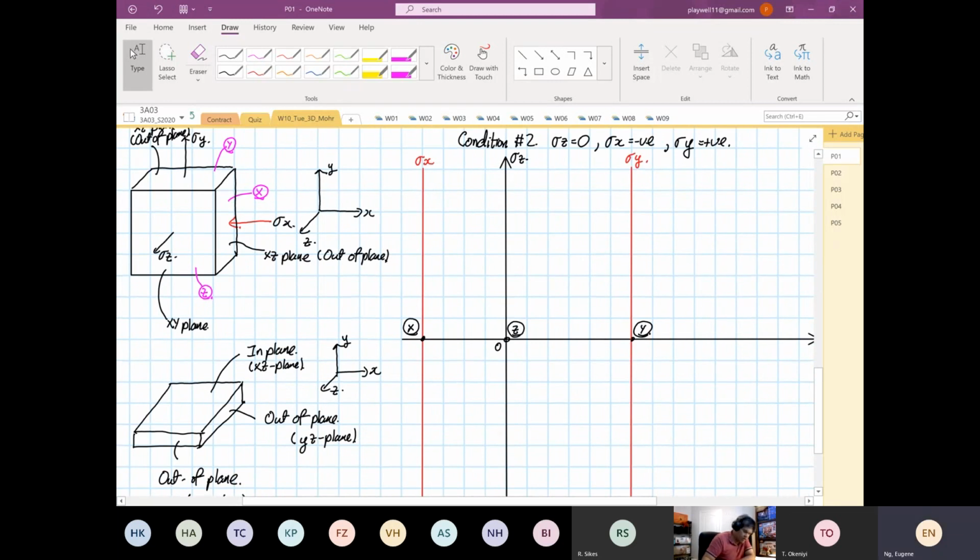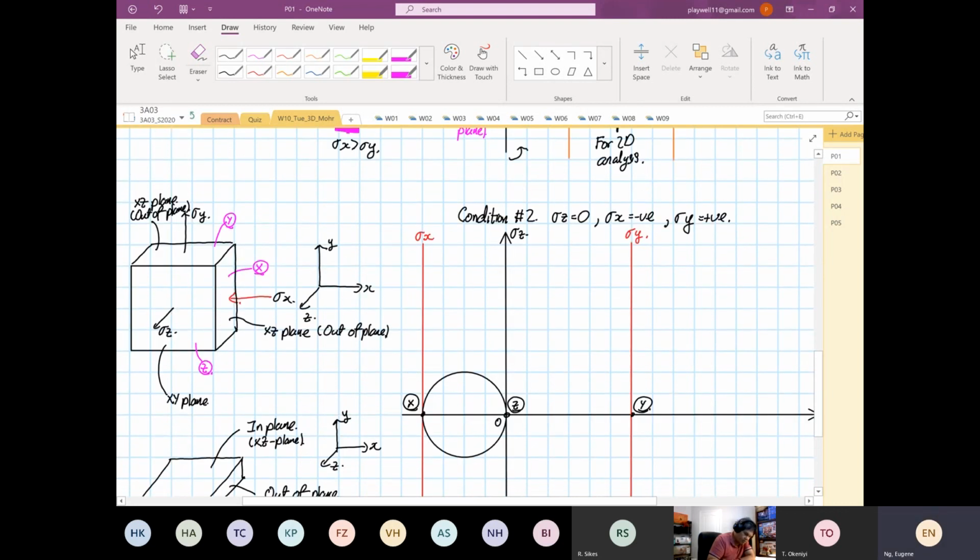So you draw your two circles first. I'm going to draw the smaller circles first. Over here, this circle belongs to what?